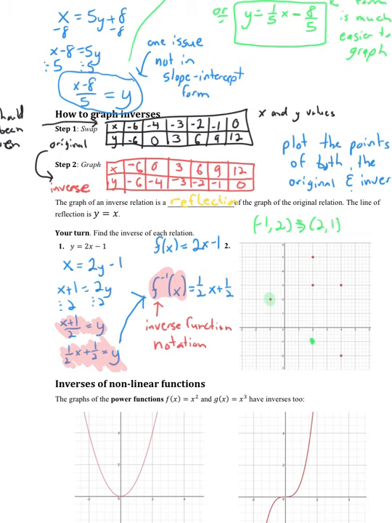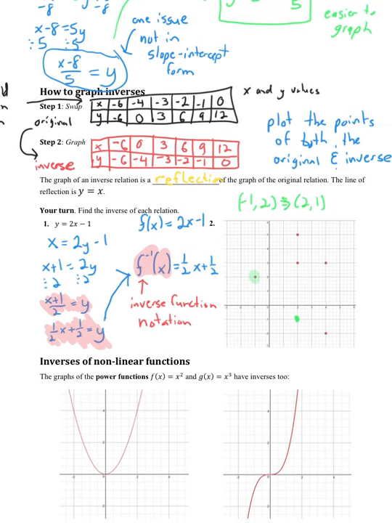For problem 2, I already showed you how to do one of the points. We just want to take each point and figure out where it goes. This one was 2, 3, so we'll replace that with 3, 2. The other was 2, 5, so we'll put 5, 2.